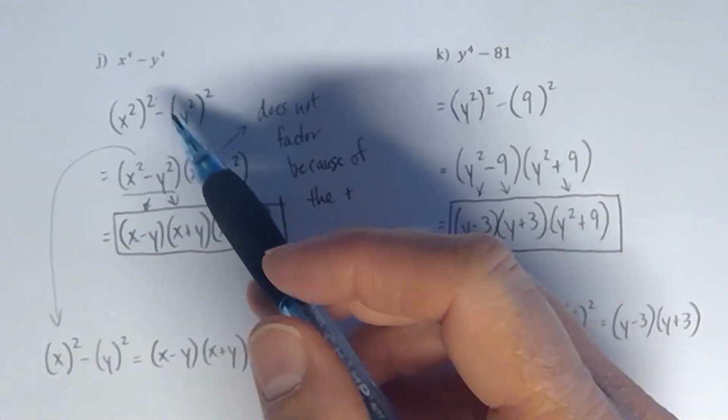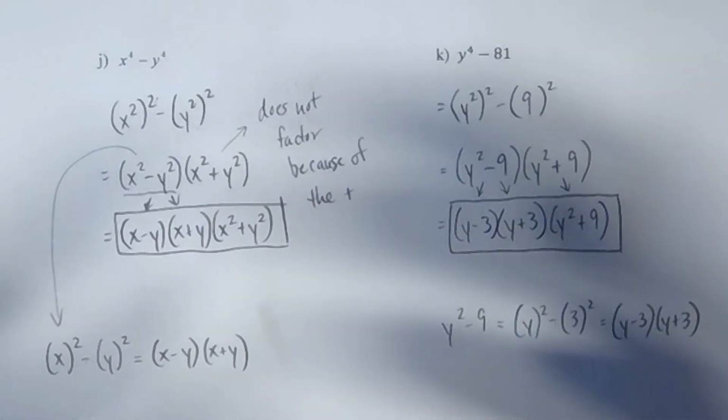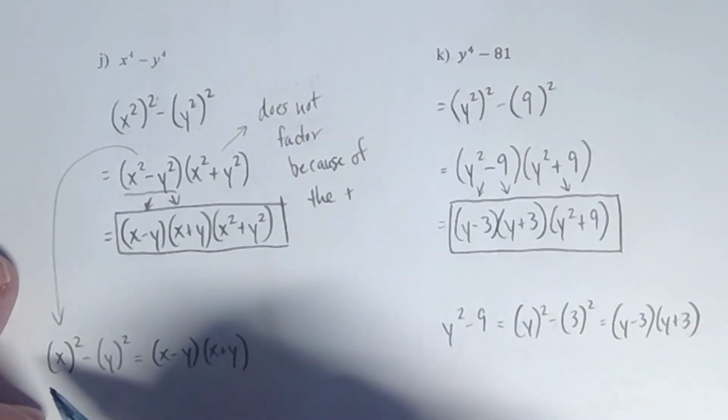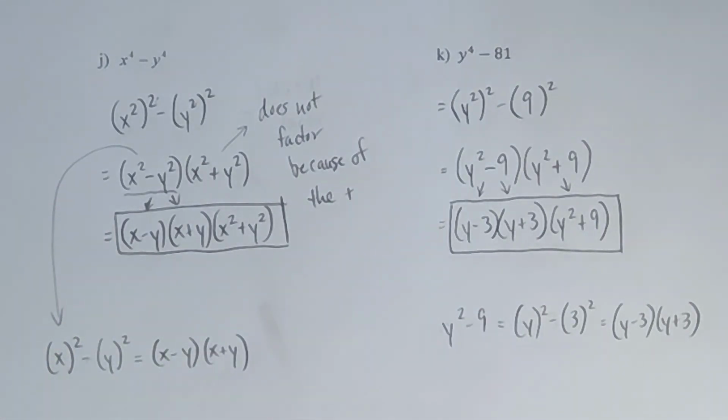In an even more rare case, you will get your 2 brackets, but one of those 2 brackets can break down further by doing the a squared minus b squared formula. And so that is basically what factoring polynomials is all about. So that concludes our factoring polynomials video.